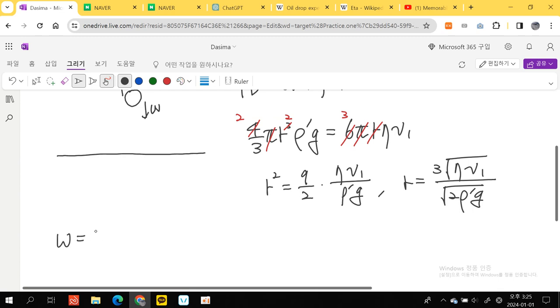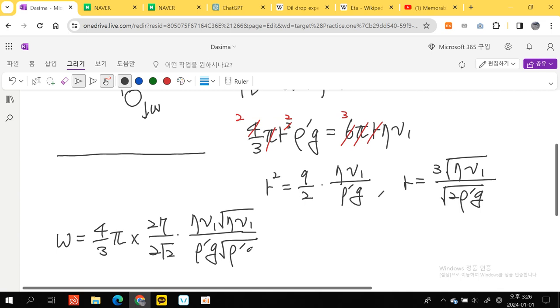So the weight is this times r cubed, and now we can cancel these two and simplify the numbers.